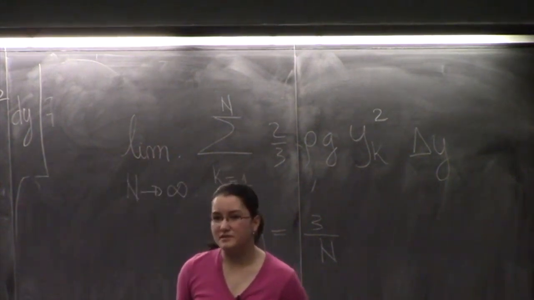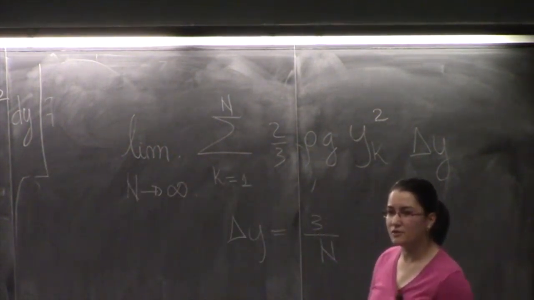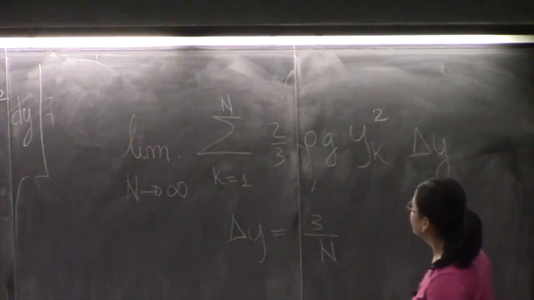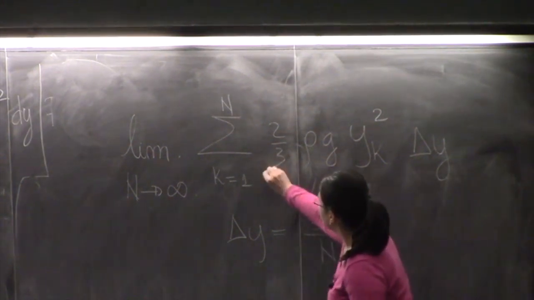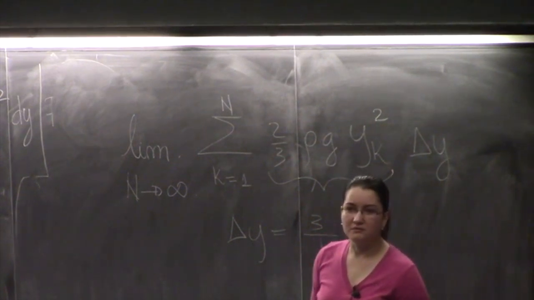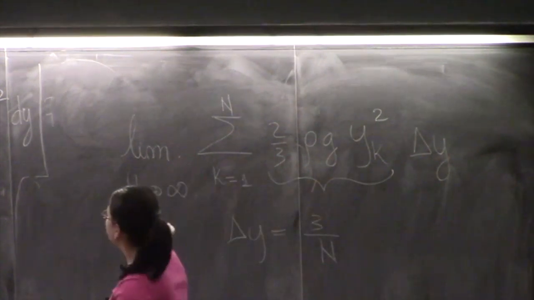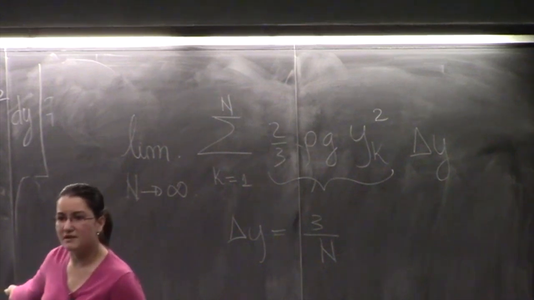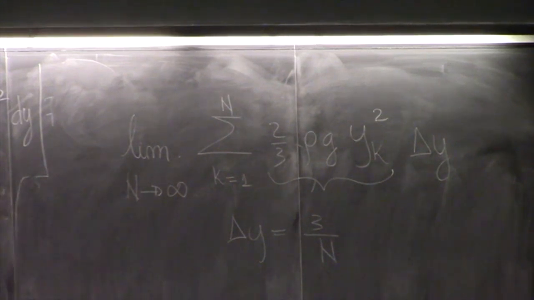And you know what this is. You know that this is a Riemann sum of a corresponding function, and the corresponding function is just this one over here.